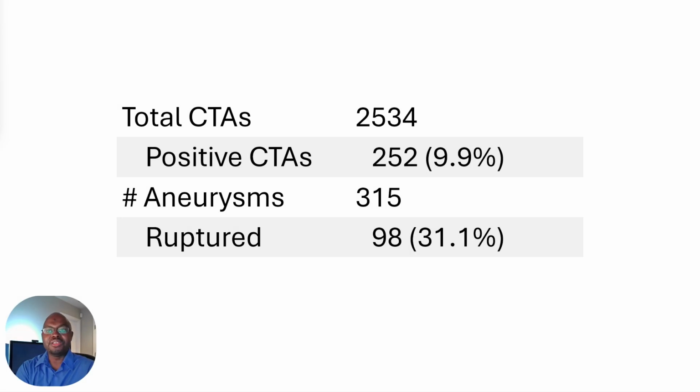Overall, we looked at 2,534 CTAs, and we had a total of 252 positive CTAs with aneurysms. Within these CTAs, we had a total of 315 aneurysms. That tells you we had about 1.2 aneurysms per detected CTA. And overall, we had 98 aneurysms that were actually ruptured.